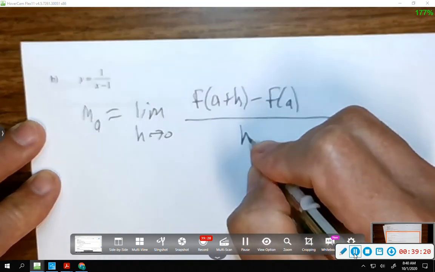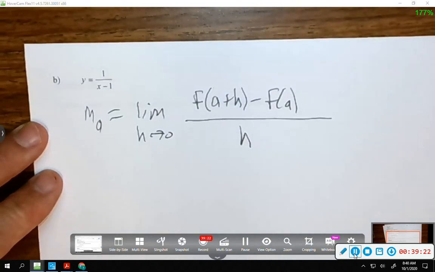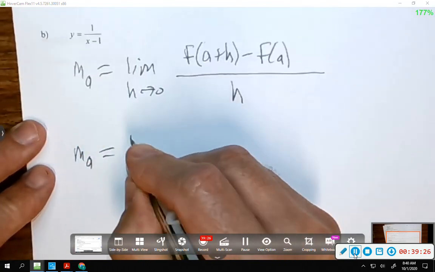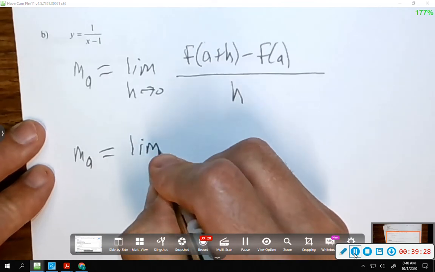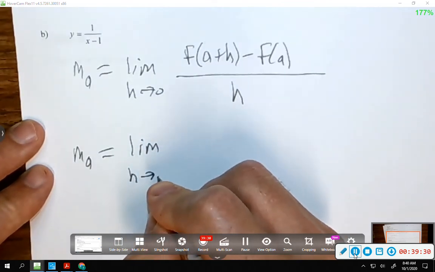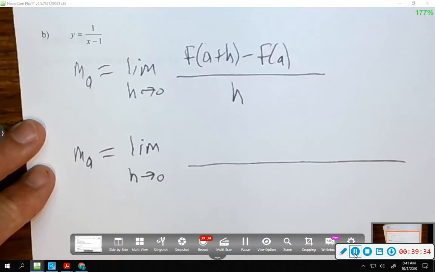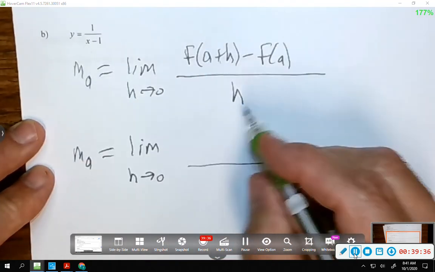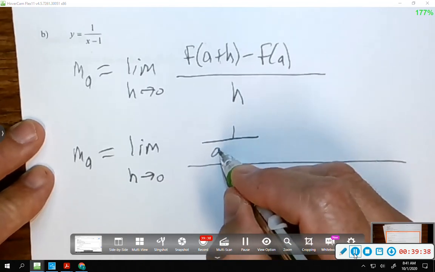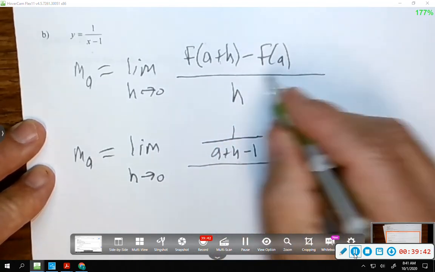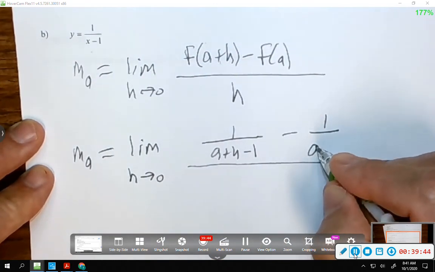This was going to get complex because it's a rational. Every time we're cranking a rational function through this limit definition of a slope, you're going to get a complex fraction. In this one now, I get 1 over a plus h minus 1, subtract 1 over a minus 1, all over h.